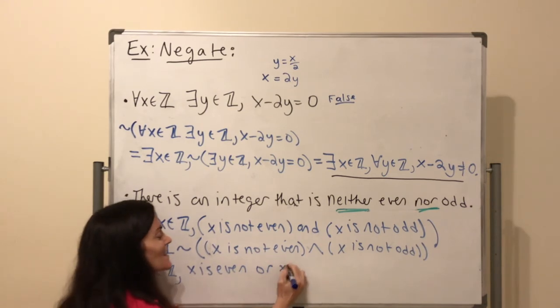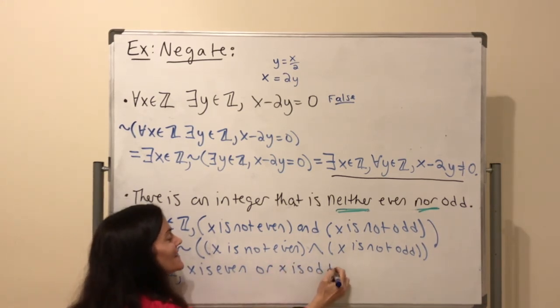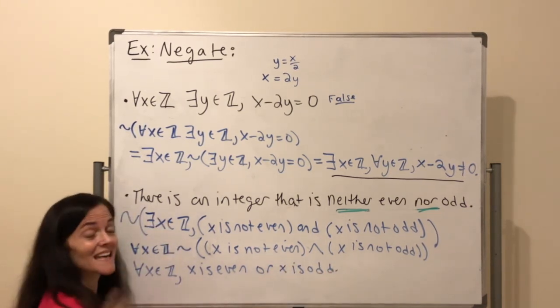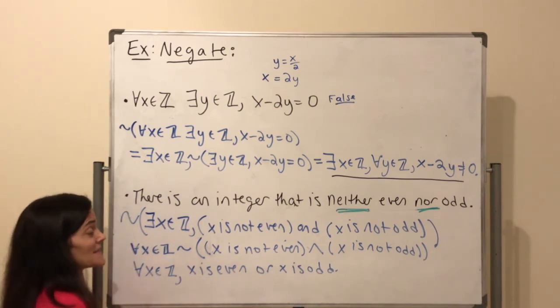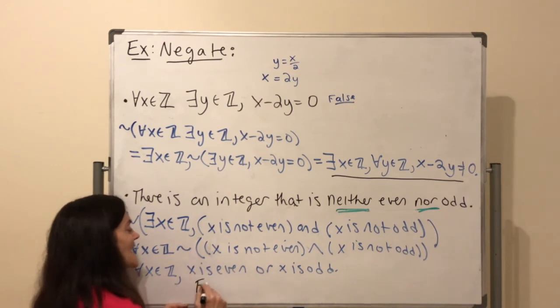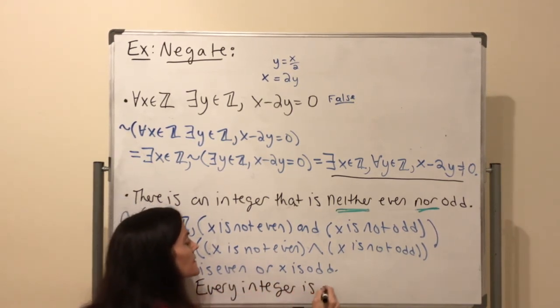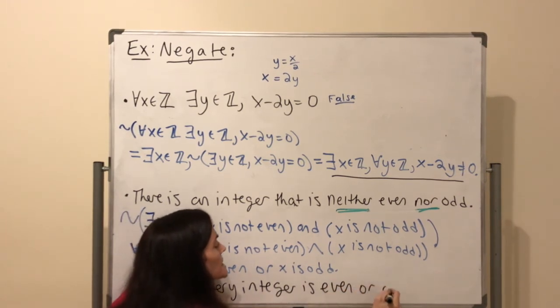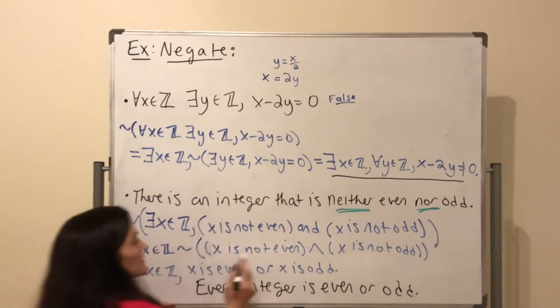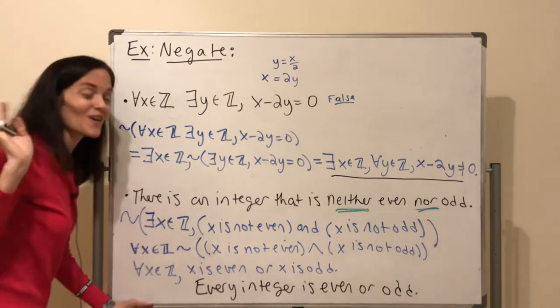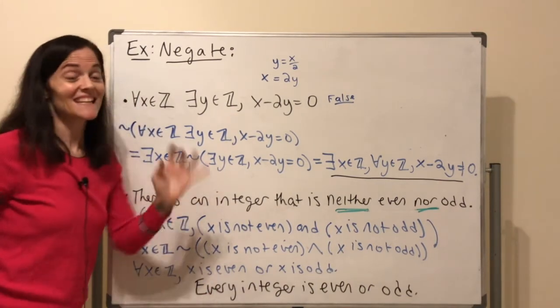Okay, this would be x is odd. This says every integer is even or odd. This is the negation. And as I mentioned, it's true. This one, false. Its negation is true.